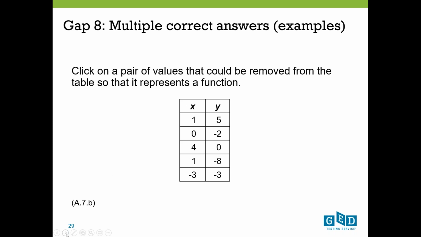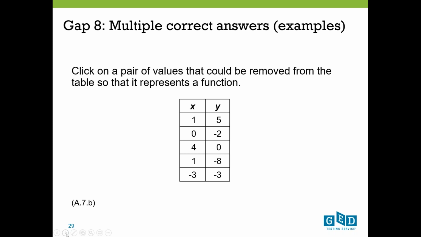Okay, here we have a table that is not a function, and what we're asking test takers to do, I should say, is click on any pair of numbers to remove so that the rest of the table does represent a function.